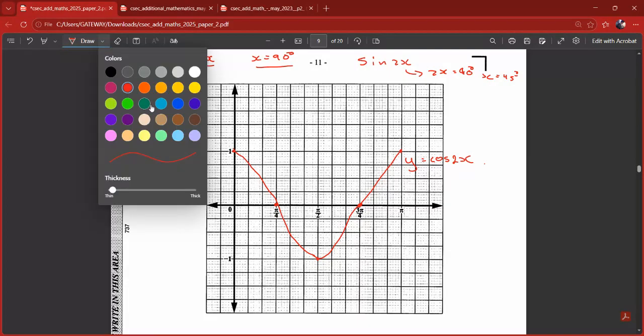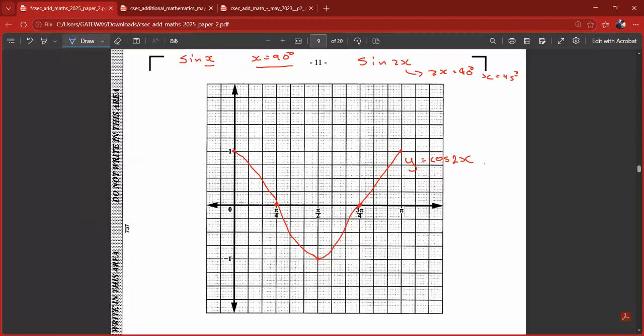Now we have to plot sine, so I'll put this one in blue. It will start from the rest position here, where x is 0, y is 0. This would be the angle here when pi over 4, y will be 1. It will pass through this point here, this angle here. It will come down to 3 pi over 4, that point there, and it will go up to pi.